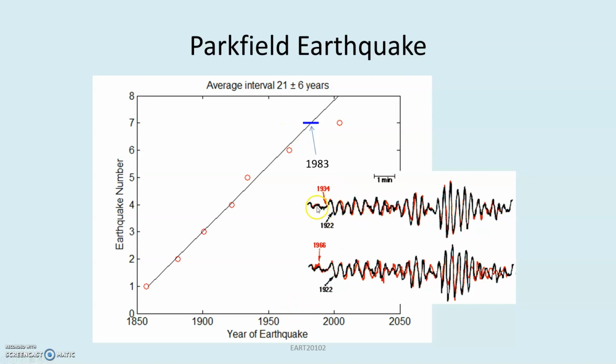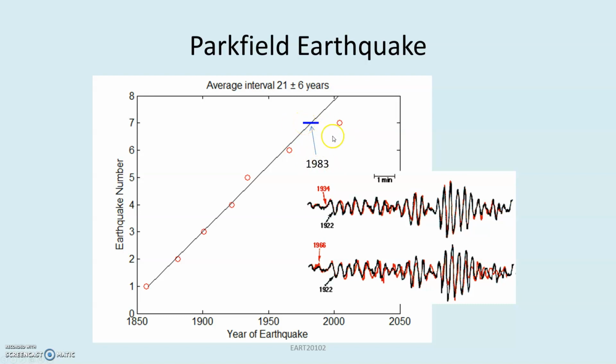And also, if we looked at the seismograms from a station that has been there since the 1920s, you could see that the seismometer signal for the 1922, 1933 and 1966 earthquakes were all very similar, which suggests that the crust is rupturing in a very similar way over all of those earthquakes. And so it was thought that the next earthquake after the one in the 60s would be in 1983, plus or minus about 6 years.